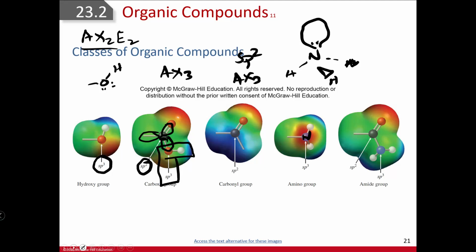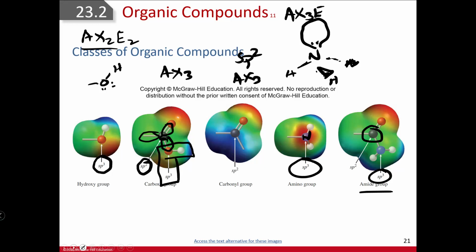Let's do it this way, AX3E. So 3 bonds, 1, this one and this one, and then the lone pair there. So 4 things coming off the central atom, sp3. So again here we can see it's sp3, and then on this carbon here with the amide group it's sp2.